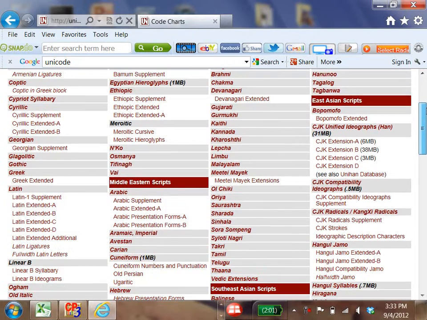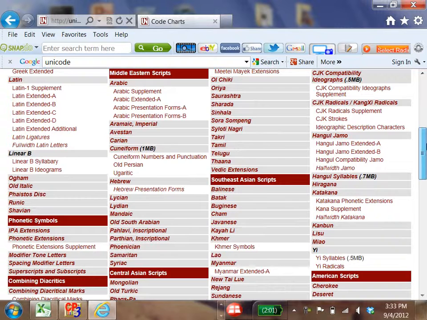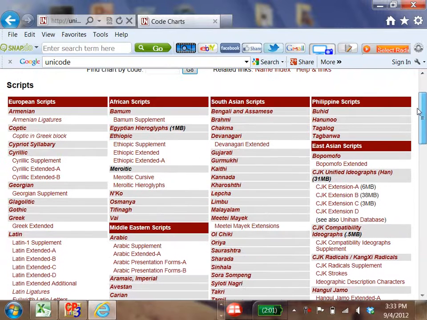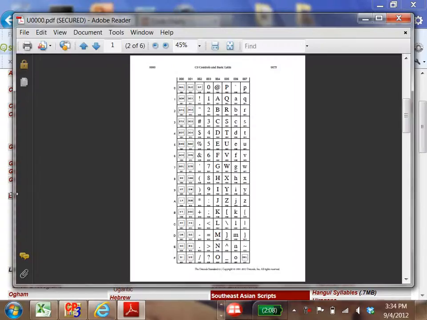As you can see in Unicode, you can write the Armenian alphabet, the Coptic alphabet, the Cyrillic, the Georgian, and so on. Where's English in here? I don't see English anyplace. It's not there. The version of Unicode that we use is called Latin 1. This is Latin, okay? All of the languages that use the Latin alphabet.